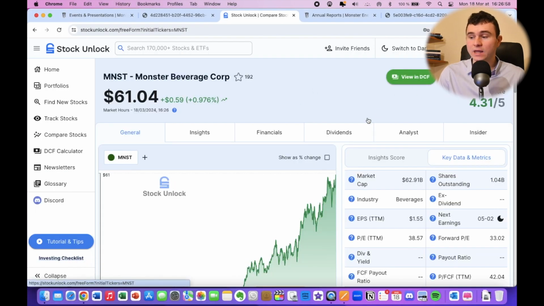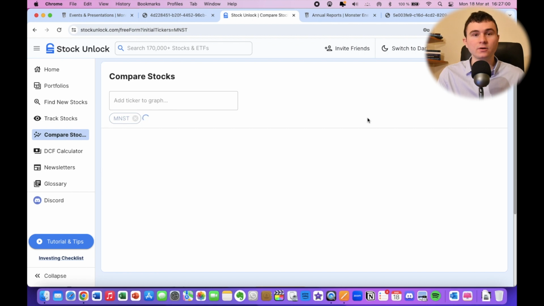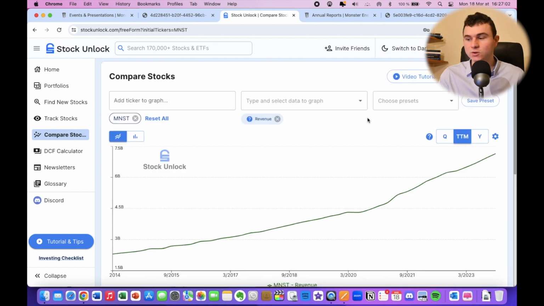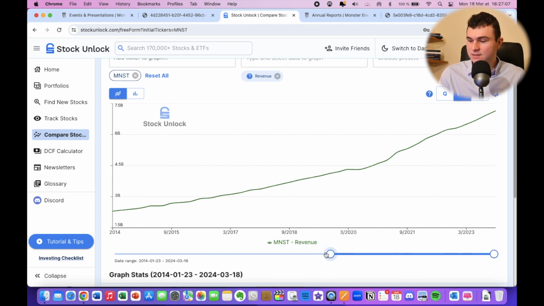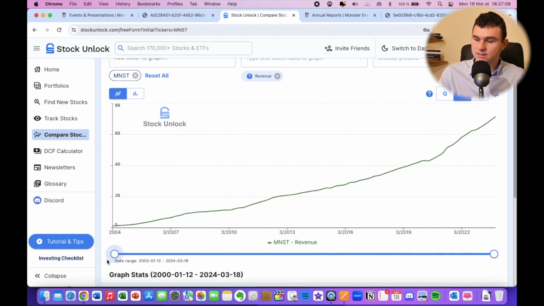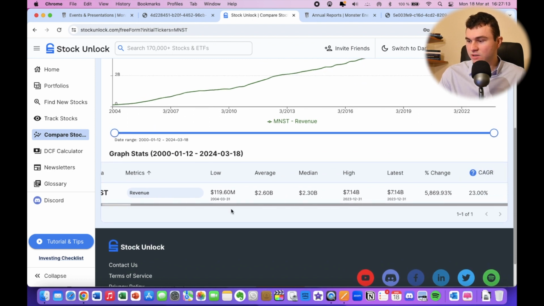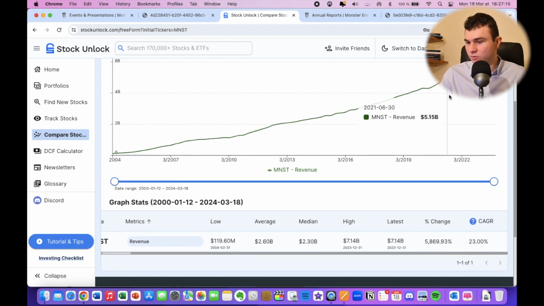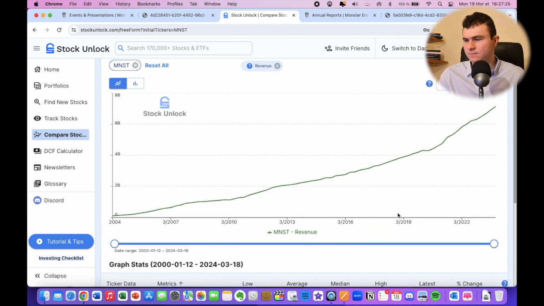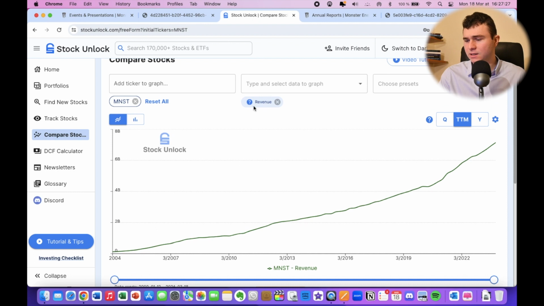Maybe that's the tool that I prefer on Stock Unlock, because when you see these graphs over 20 years, you have the CAGR, the compounded annual growth rate. If you look at revenue since 2004, revenue has grown 23% per year. That's insanely good.